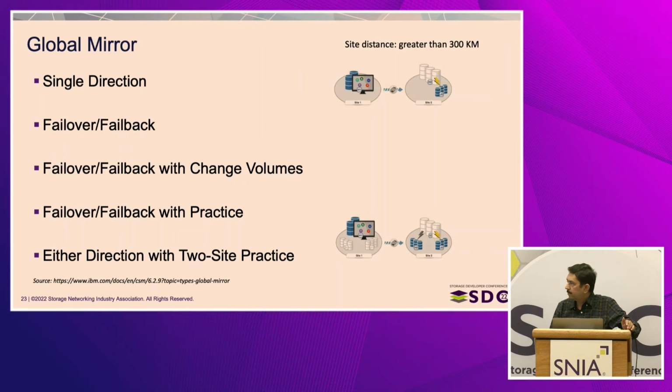Then same stuff here, practice volume as well. So two directions in the practice volume, and then practice volumes on both sides. So these are some examples of replication which are quite robust and have been in use for quite some time.